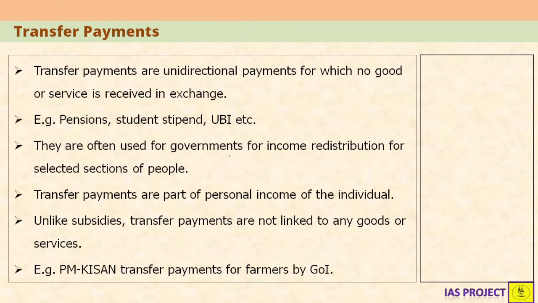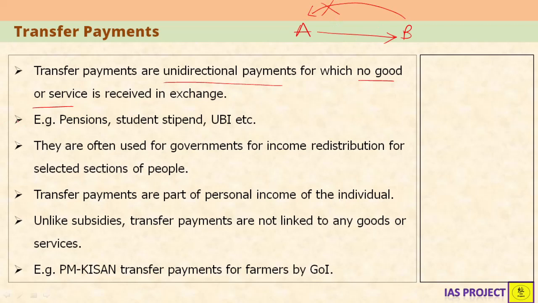Now let's look at what are transfer payments. Transfer payments are basically unidirectional payments, and they are not paid in return for goods or services. So what this means is that there are two entities, A and B. A is giving a payment or transferring a payment to B, but B is not paying back any goods or services in return.